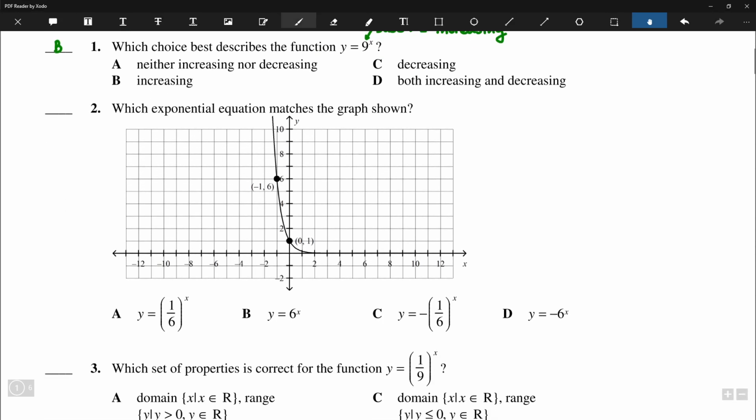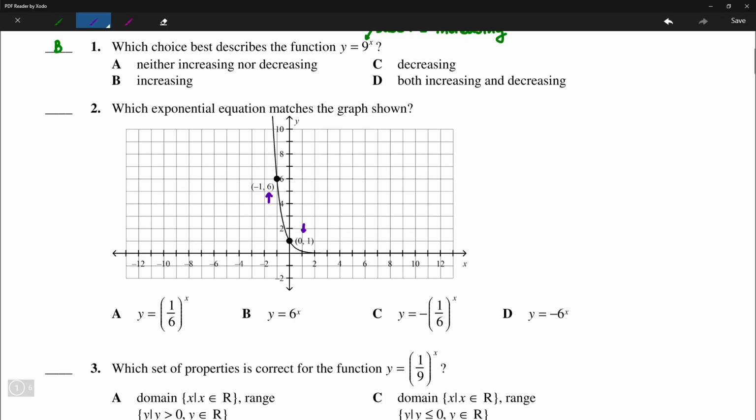So if we look at the graph and we move from left to right, notice that we start with -1, 6, and then the point 0, 1. So as we move from left to right, the y values, we multiply by 1 over 6. So that will be our base.